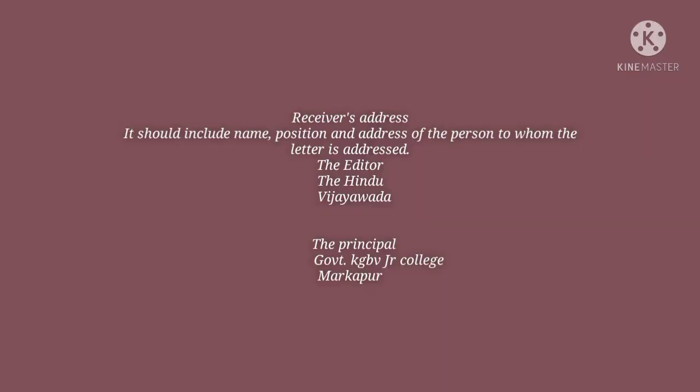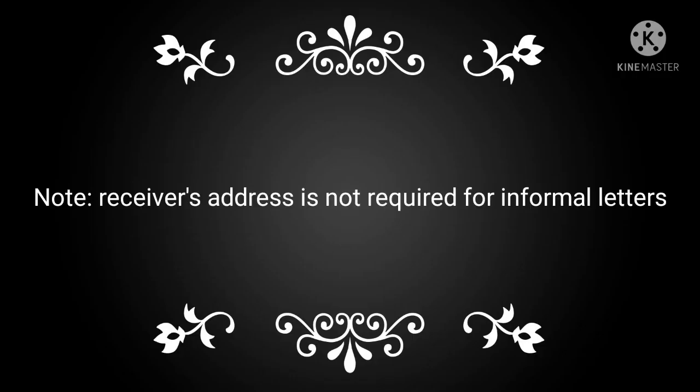It should include name, position, and the address of the person to whom the letter is addressed. The editor, The Hindu, Vijayawada. The principal, Government KGBV Jr. College, Markapur. Note: receiver's address is not required for informal letters.